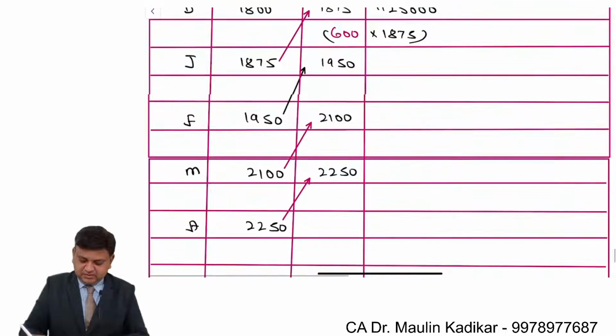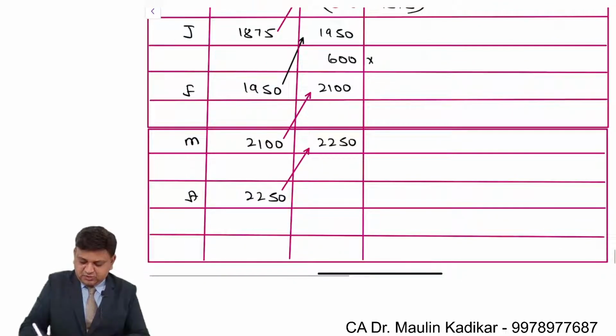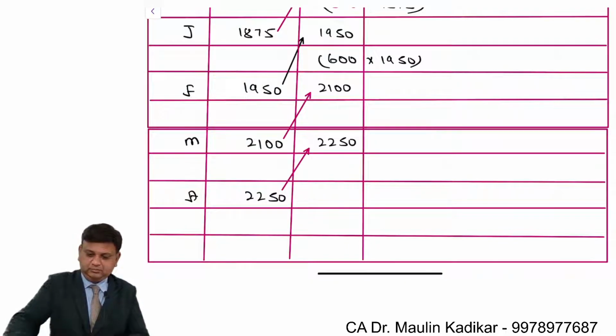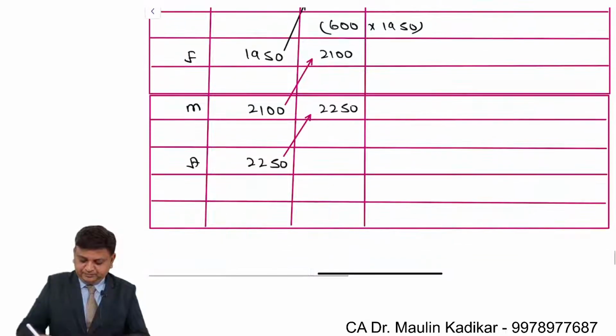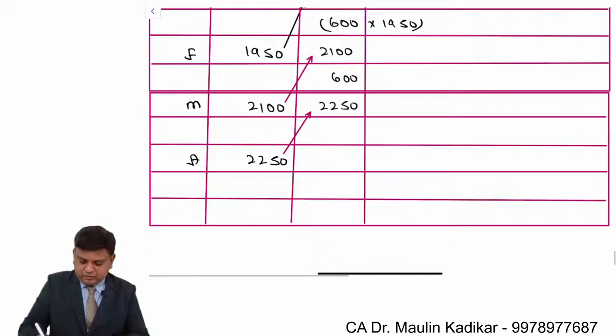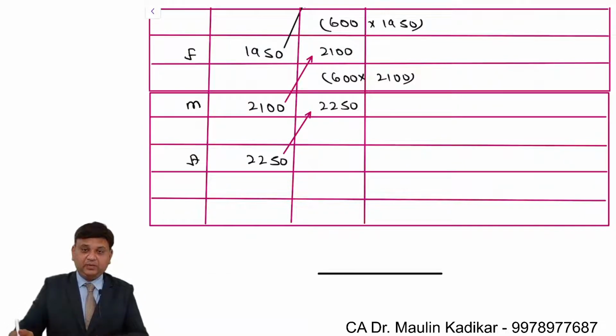Next is 600 into 1950, 11,70,000. Then 600 into 2,100, 12,60,000.